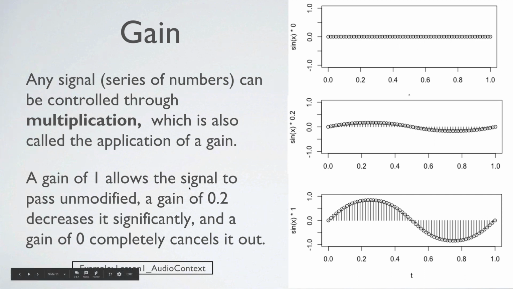Now if we multiply by 0.2, we will turn the sound down significantly. So you can see less, if these represent increases and decreases in pressure, those increases and decreases in pressure are smaller now. And if you apply a gain of 0, you have absolutely nothing left.